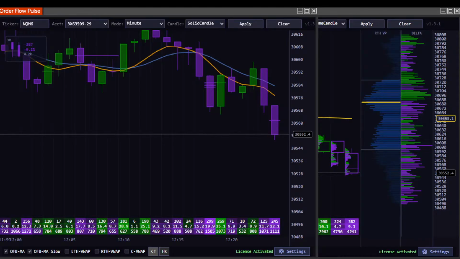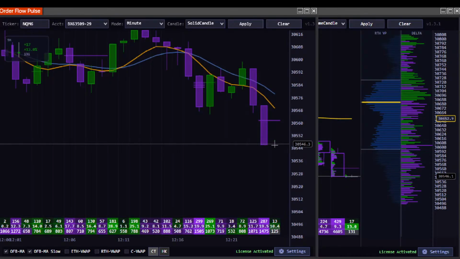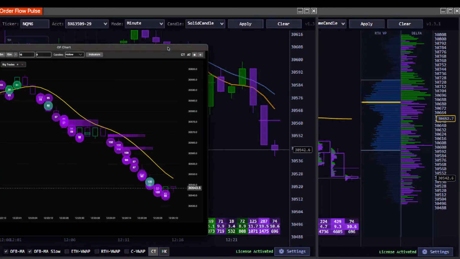Is it best just to take 4 points, move to break even, and then on the second contract try to get 8 points? Because this is trading so stinking fast. Or is it beneficial to leave a runner? It might be beneficial just to leave a runner. I got to write the code and figure that out, though, because a runner on this would have been phenomenal.